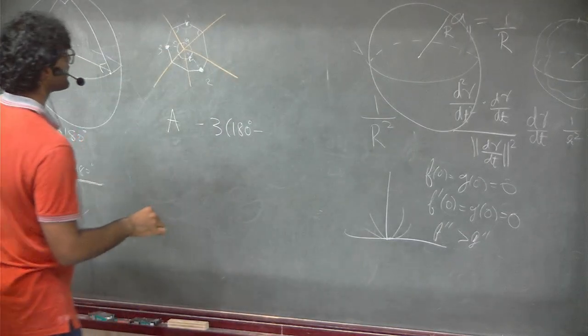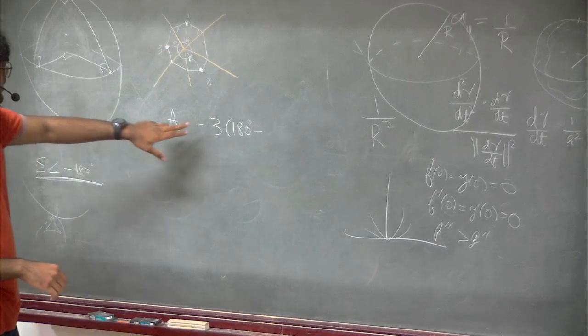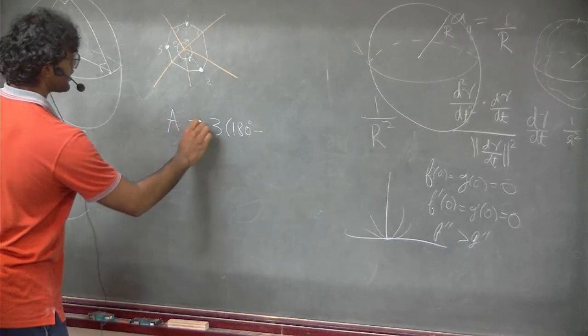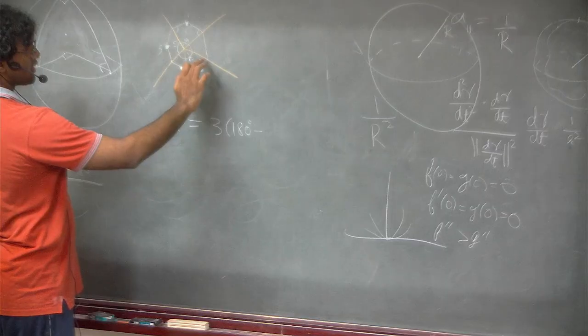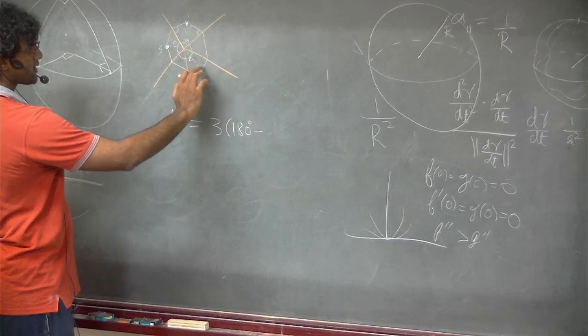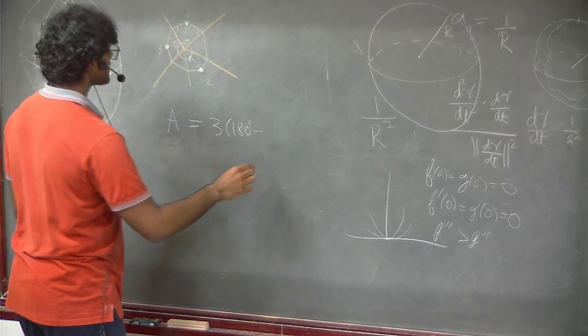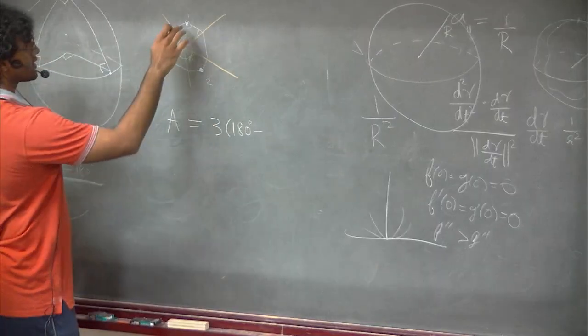So you get A equals, on this face, you want to calculate this angle as 360 minus this plus this plus this, right? And then likewise here.